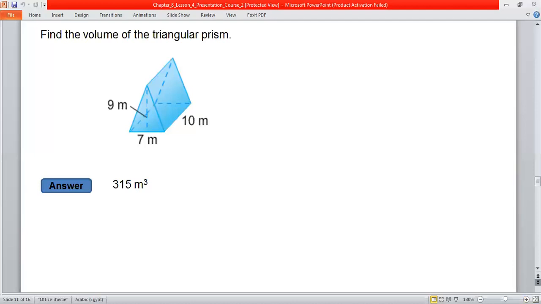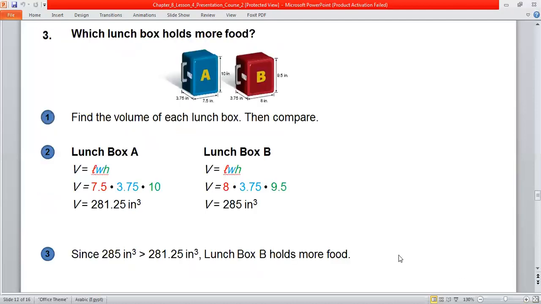Look with me at this example. Read the question: find the volume of each lunchbox, then compare.